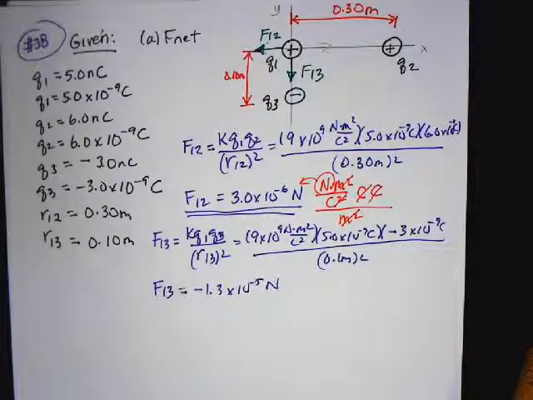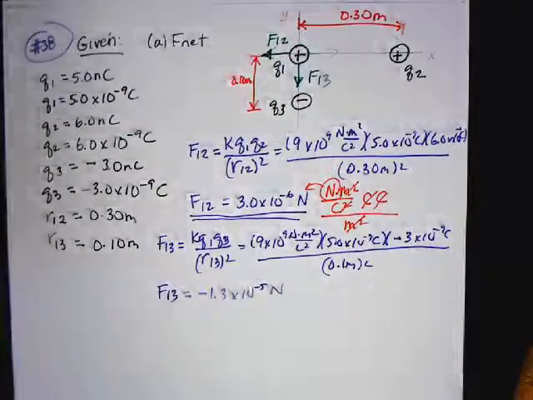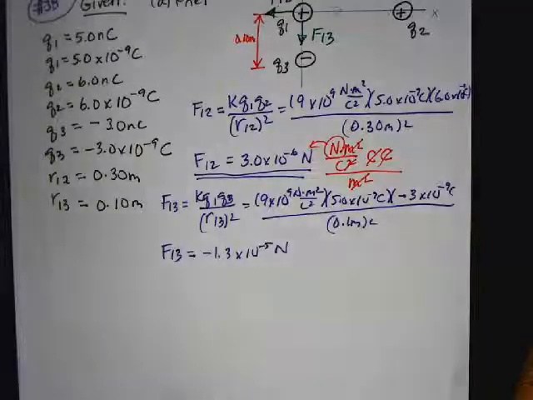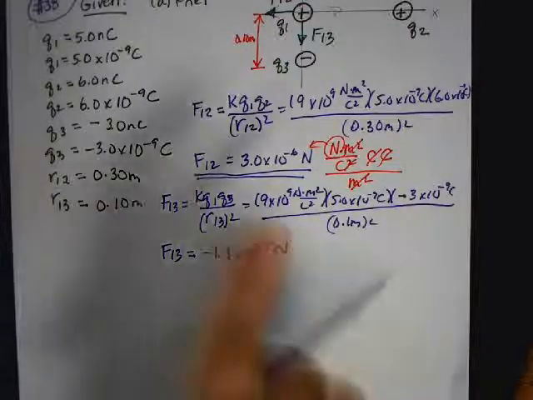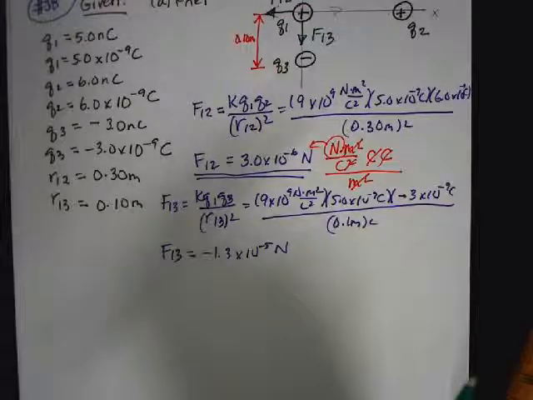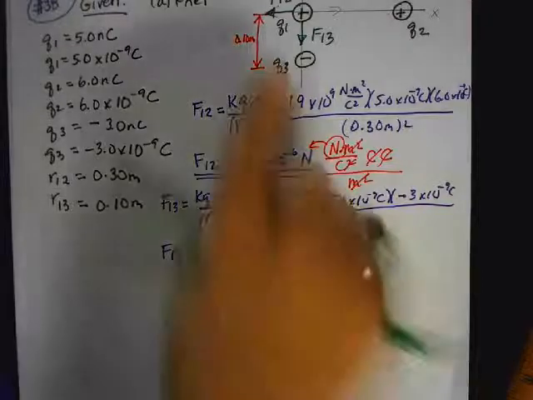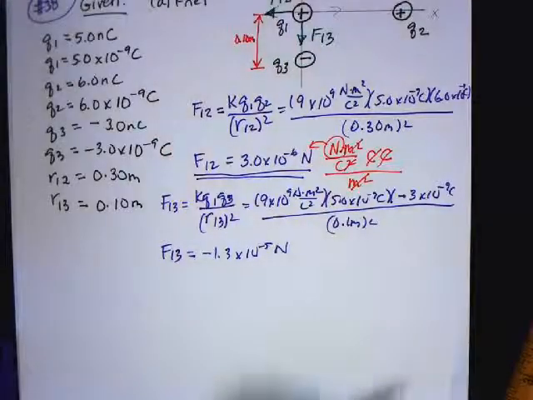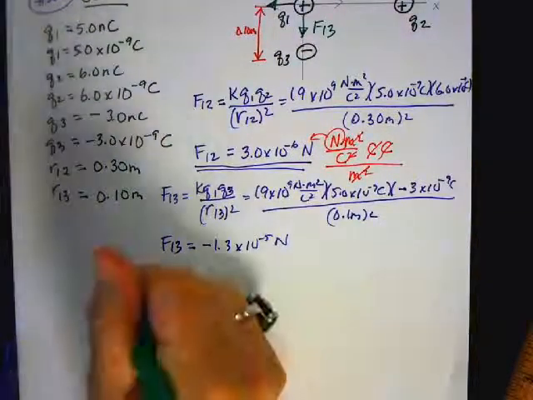Now we have two forces, so we have to find the resultant. So the resultant of the two forces, here's the way my forces are. So I'm just going to redraw them. Here's F12.